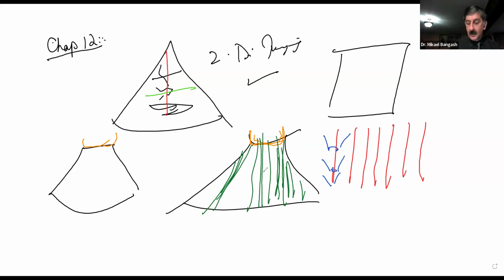So these are some of the points that we will be talking about in this chapter.